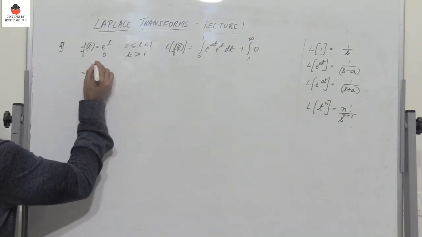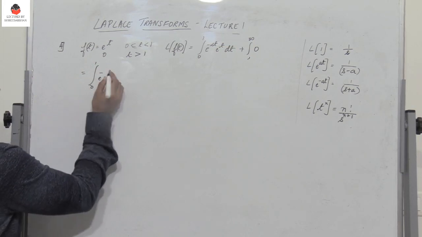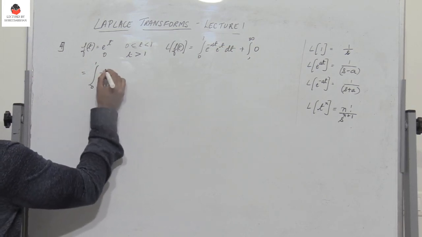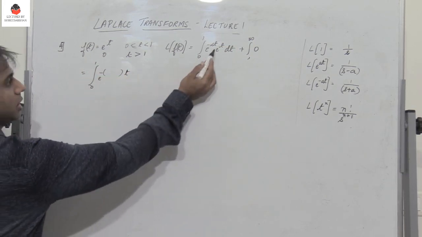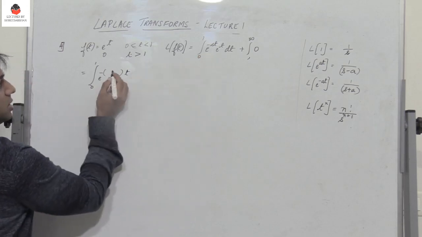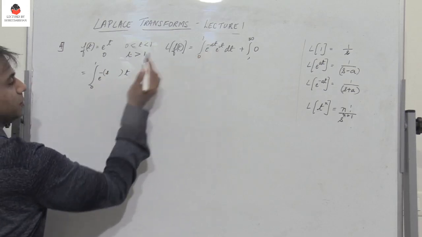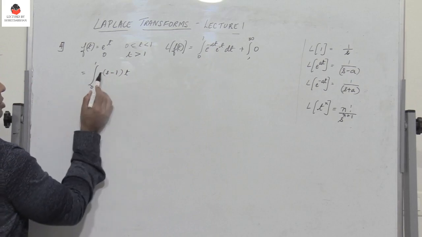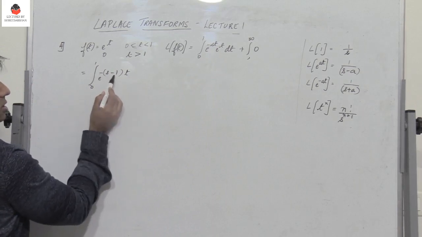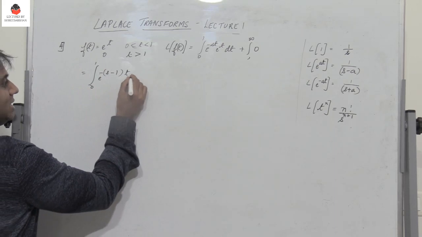So this is 0 to 1, e power minus, if I take t outside, you have e power minus st, so you get s, and then you have plus t, so I have minus 1, right? So minus st, minus into minus is plus, so you get plus t dt.